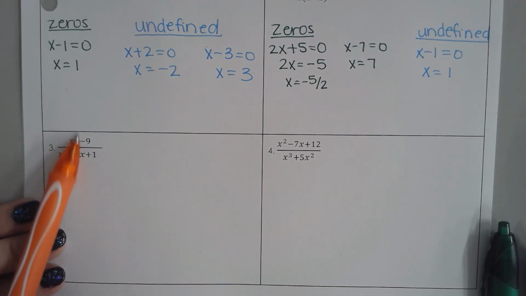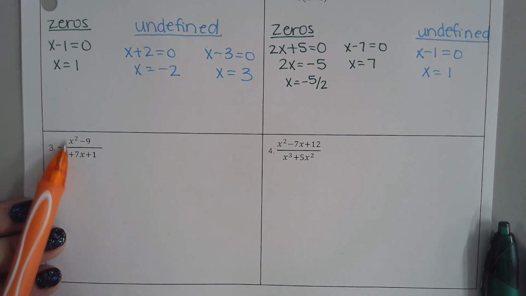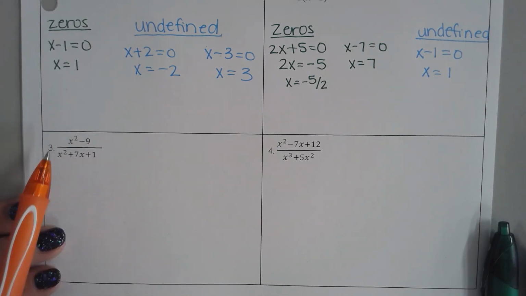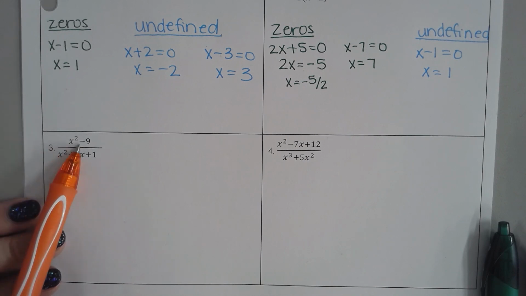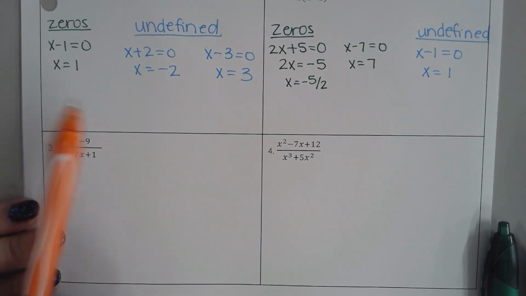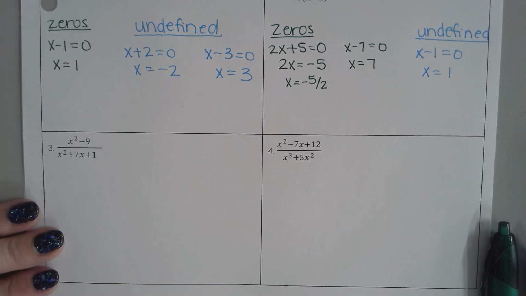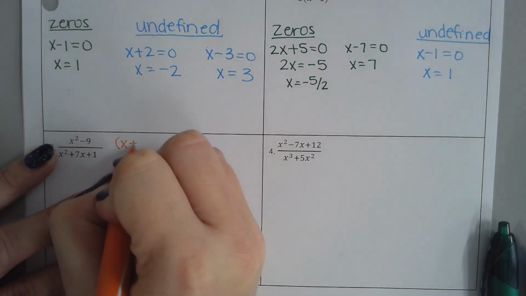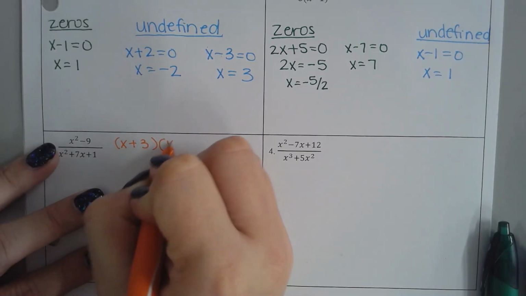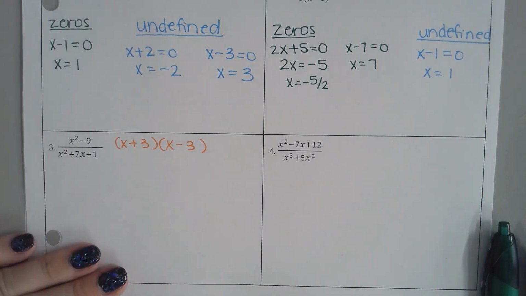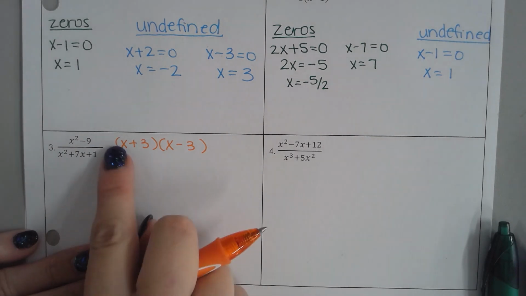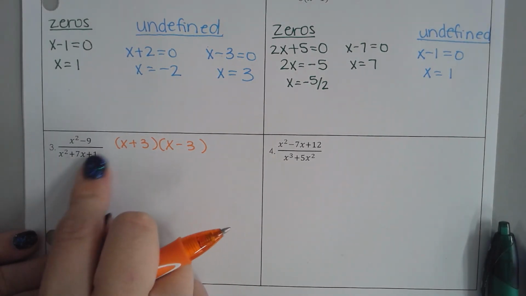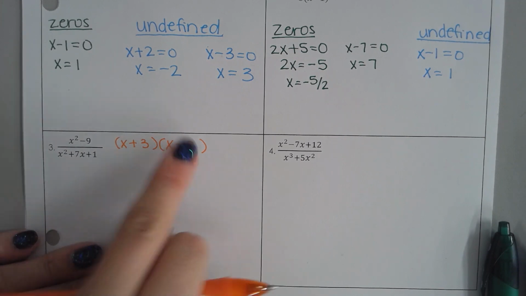Any exponent that's an even number is a perfect square. 9 is a perfect square because it's 3 times 3. 1, 4, 9, 16, 25, 36, those are perfect squares. So that top factors into x plus 3, x minus 3. Difference of squares: you take the square root of each to get your a and b, and then you have a plus and a minus.